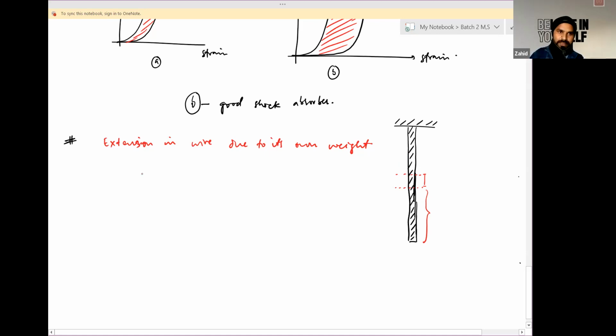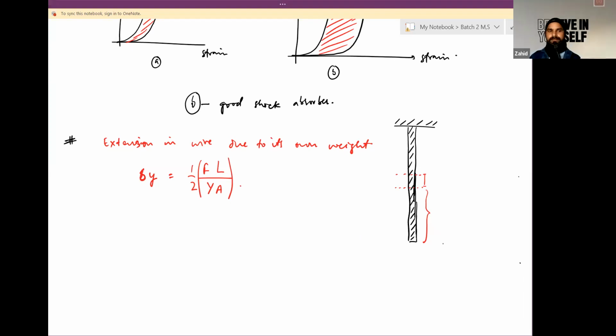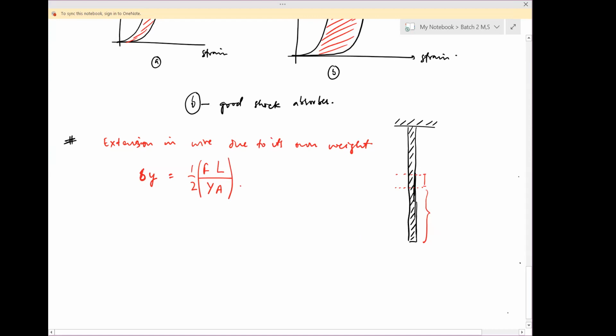So the amount of extension produced equals force times actual length divided by Young's modulus into area by 2. So this will be the total amount of elongation produced in a wire due to its own weight. Is it clear? Yes, sir. Asma, any doubt? No, sir. Okay.